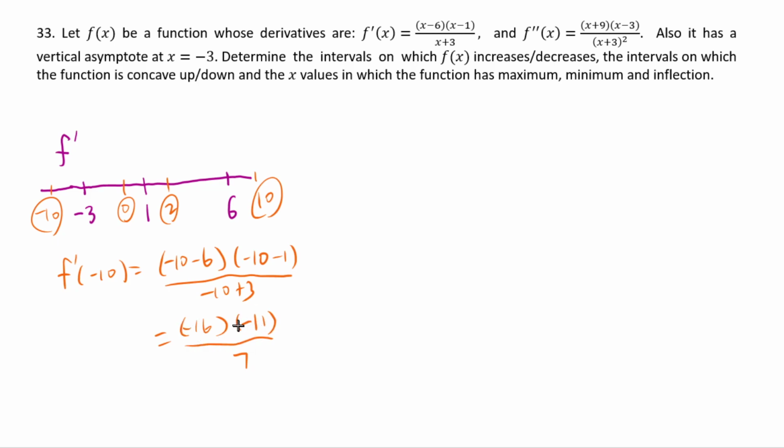Negative times negative is positive, and dividing by positive, that's positive. So we know that's plus here, okay? And then f prime of 0 would be negative 6 times negative 1 over positive 3. Again, that's positive, okay?